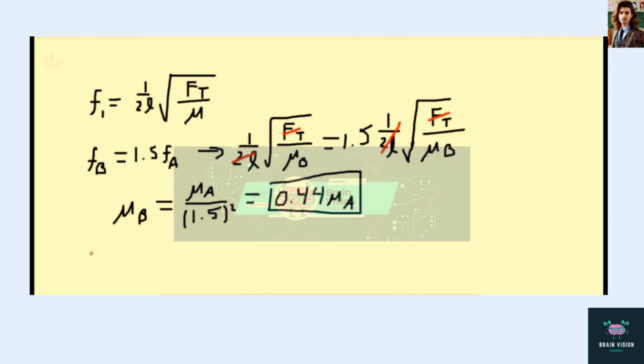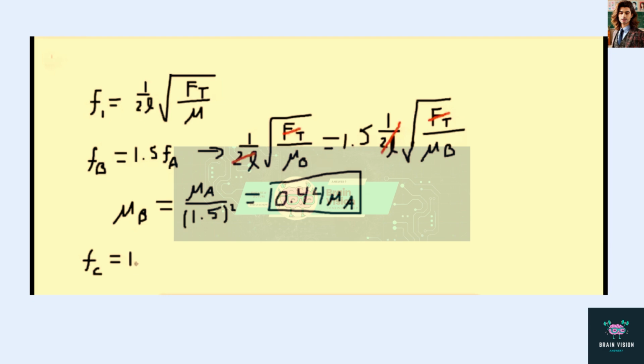Next, now we know Fc, so we want to find mu c relative to mu b, relative to mu a. Fc is going to be equal to 1.5 times Fb, because that's its adjacent neighbor.